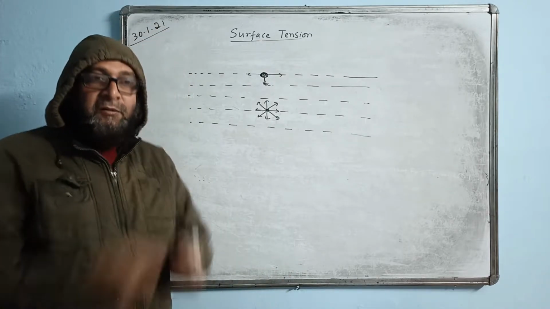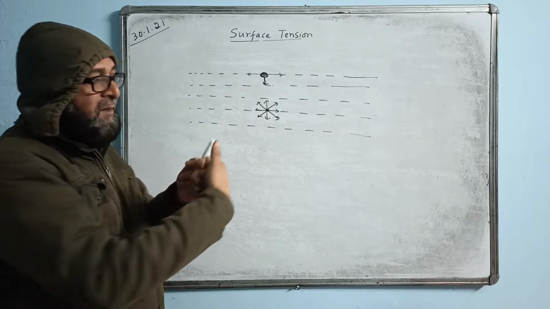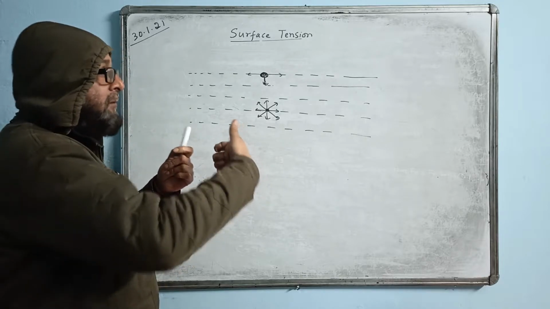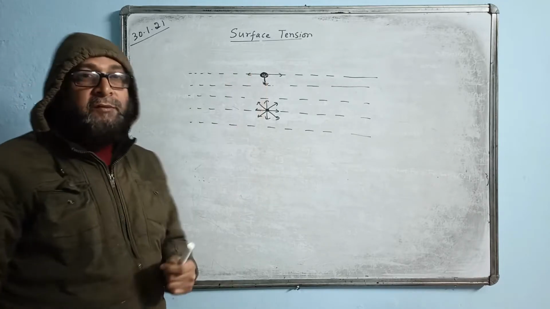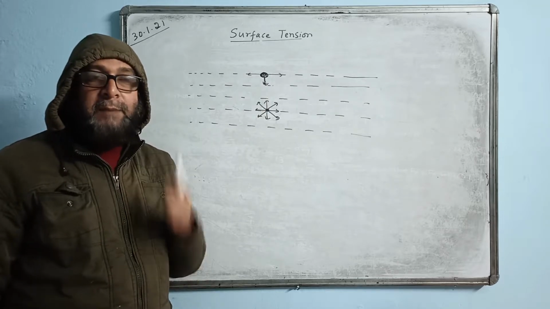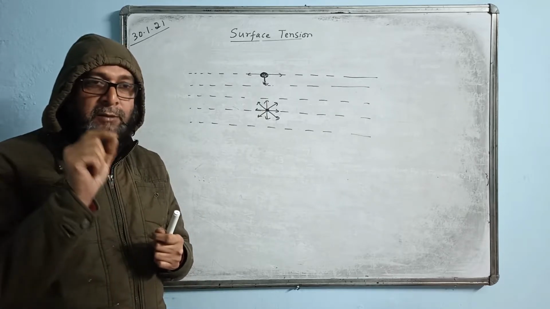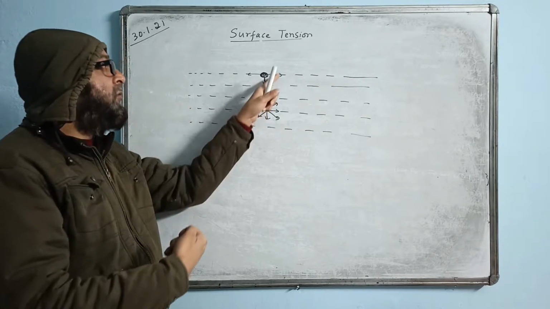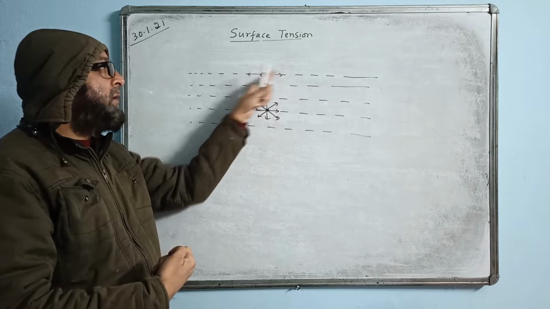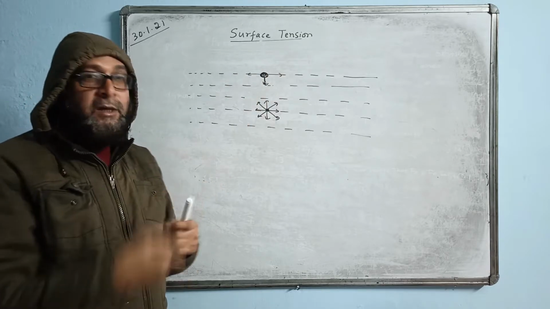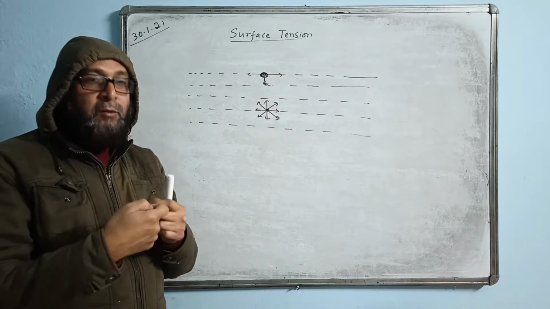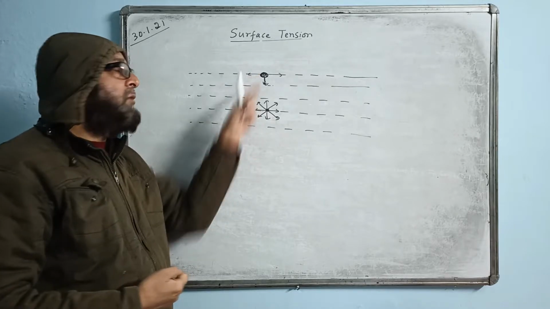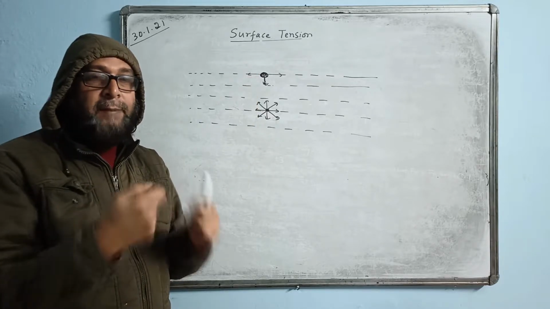Surface tension gives a tension on the surface and makes the liquid surface behave as a stretched membrane. Small insects have very small weight, so these two forces are also very small, but they are supporting the weight of the insect. That's why they are able to walk without the liquid surface getting ruptured or damaged.